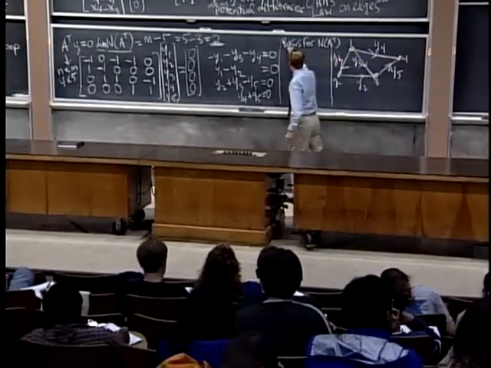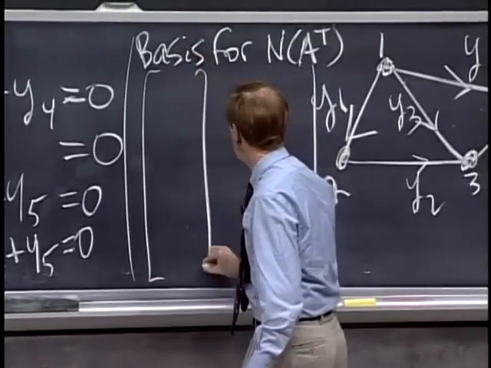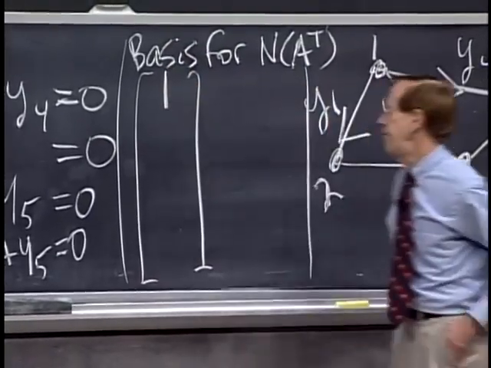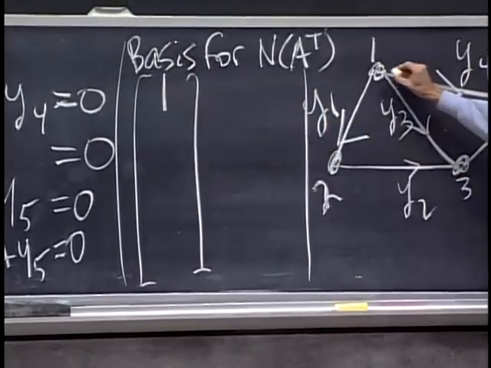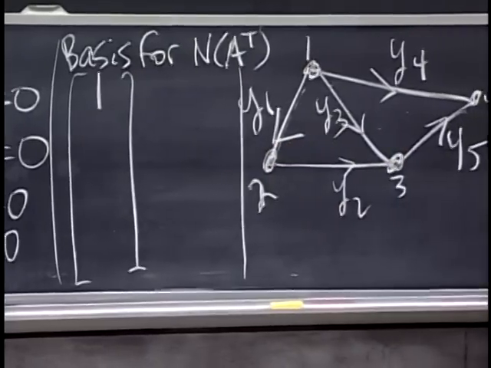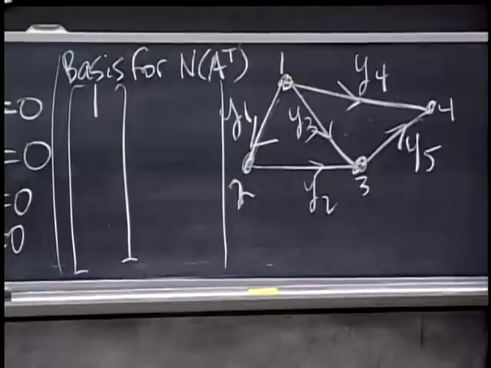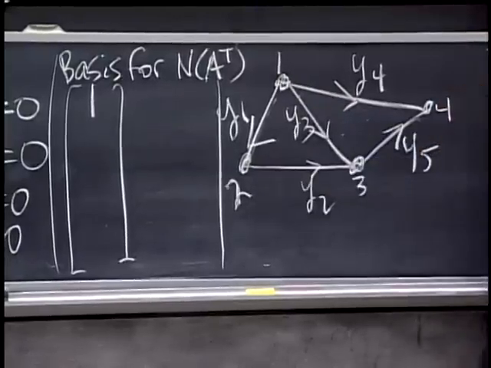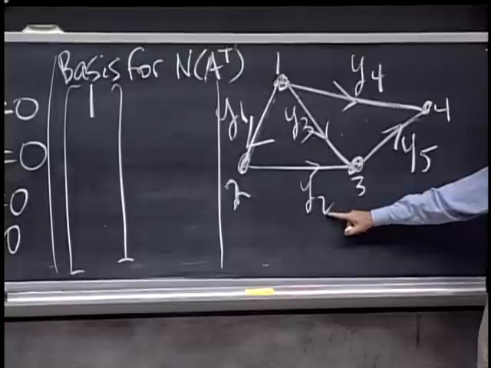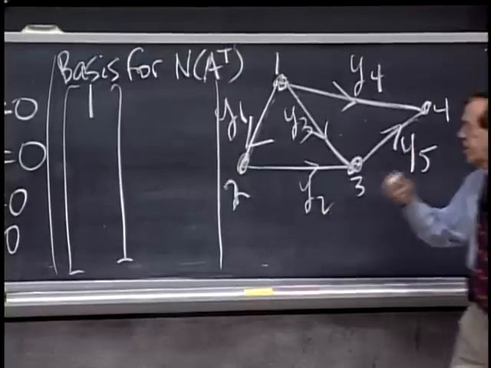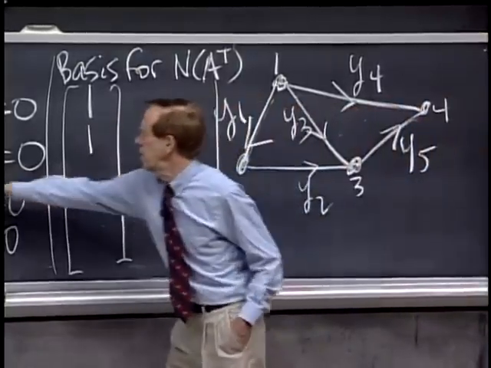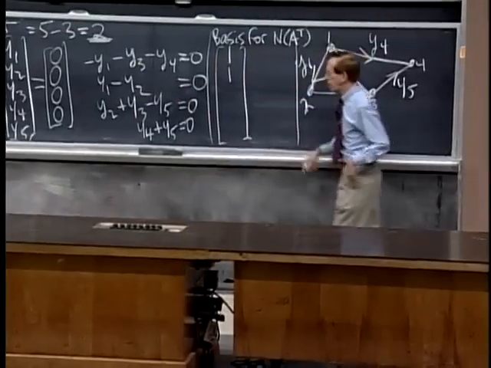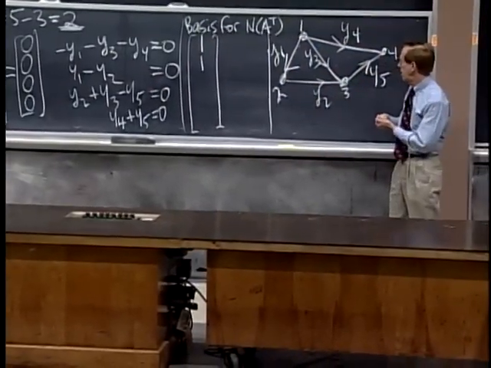Suppose, let me start with Y1 as 1. Okay, so 1 unit, 1 amp, travels on edge 1 with the arrow. Then what is Y2? It's 1 also, right? And of course, what you did was solve Kirchhoff's current law quickly in the second equation.